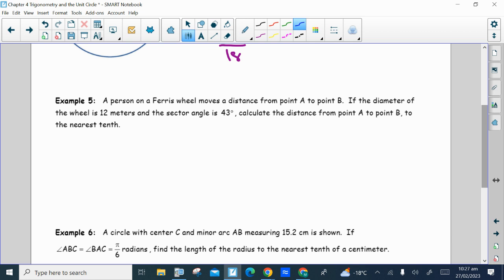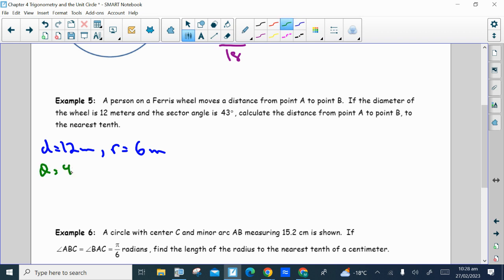And once again, we're given the angle in degrees, so we're going to have to convert that to radians. Also, the diameter is 12 meters, but the formula involves radius, which is half the diameter. So r, the radius, is 6 meters.